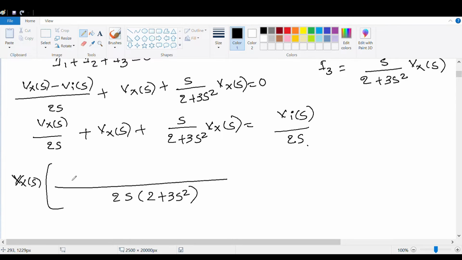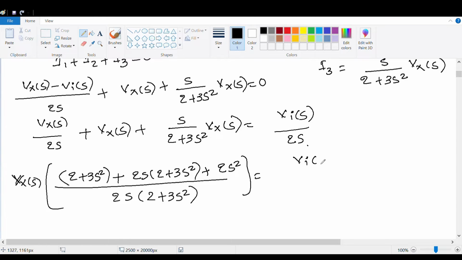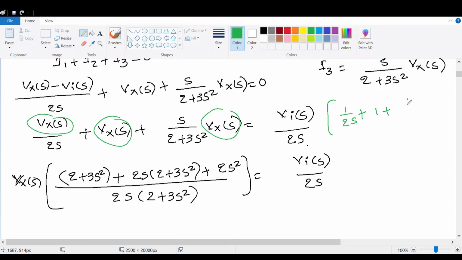I just took these three terms outside since each has Vx of s, and after that I am having 1 by 2s, 1, plus s by 2 plus 3s square.